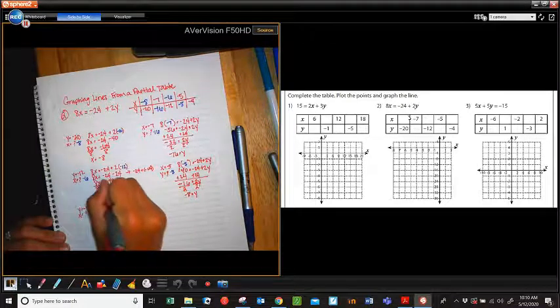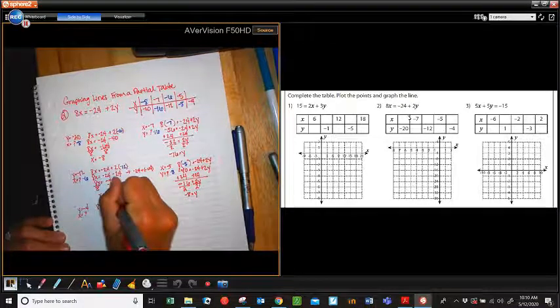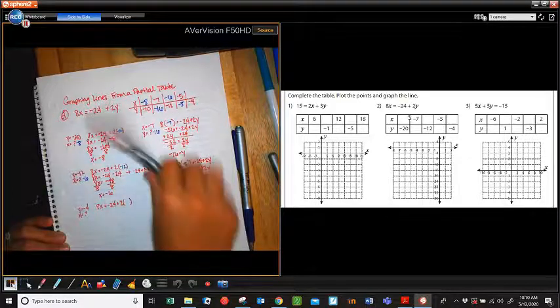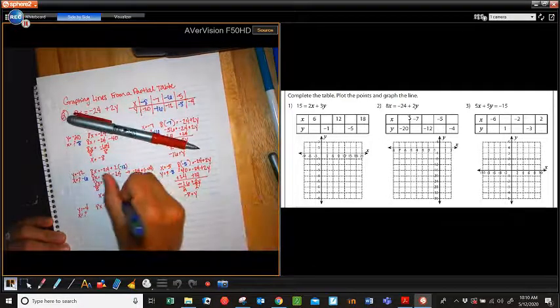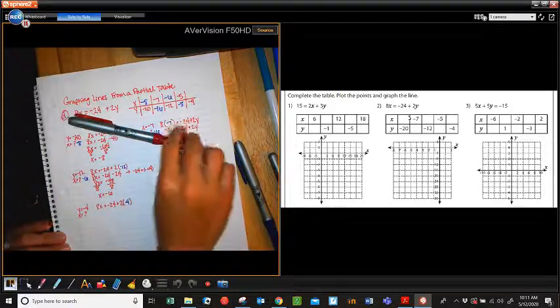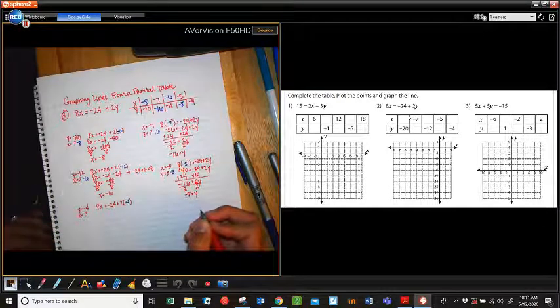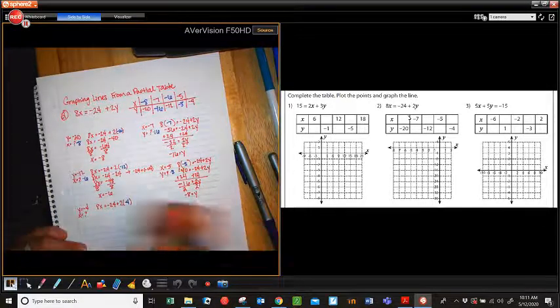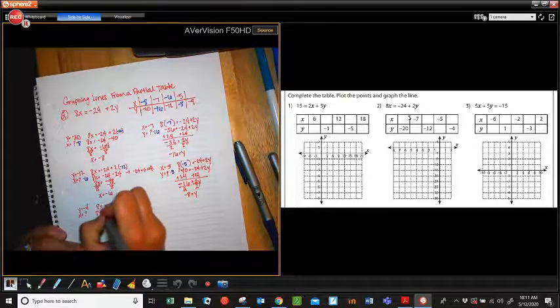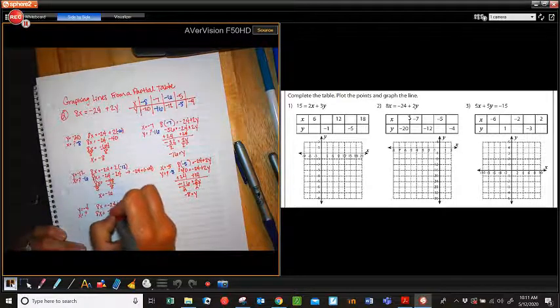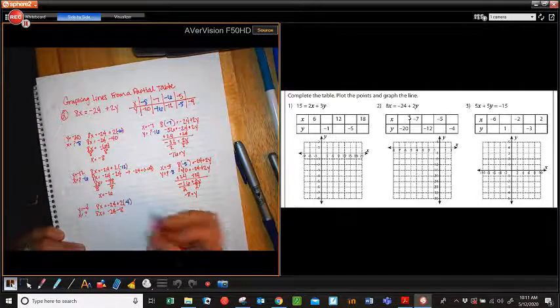8x equals negative 24 plus 2 times y, and our y value is negative 4. Simplify and solve. We have 8x equals negative 24 minus 8. 2 times negative 4 is negative 8.